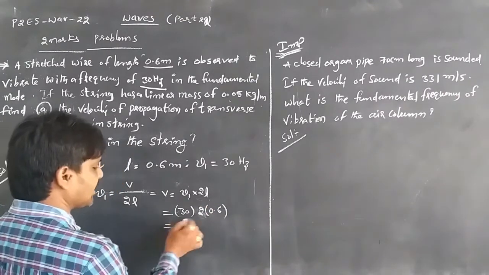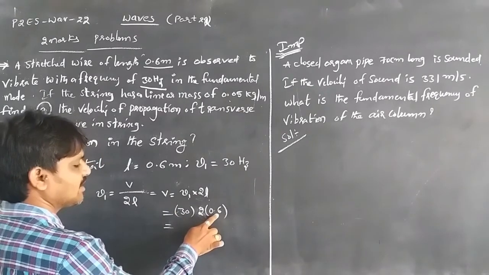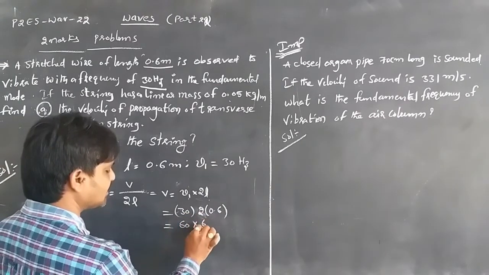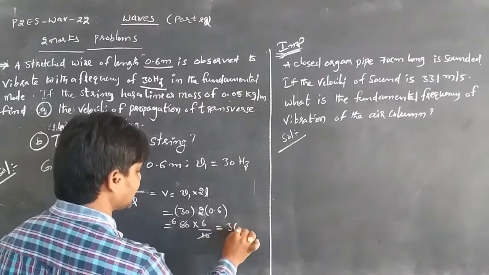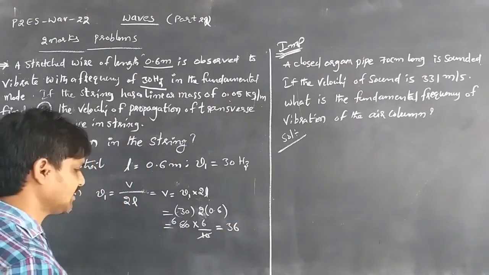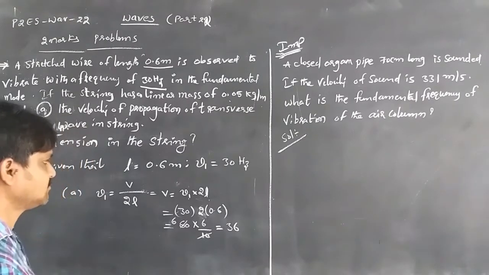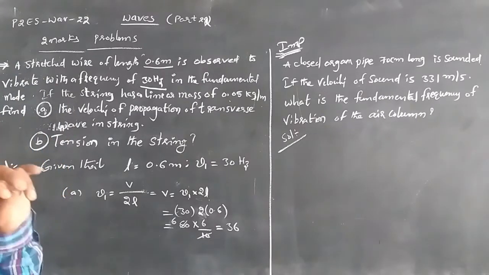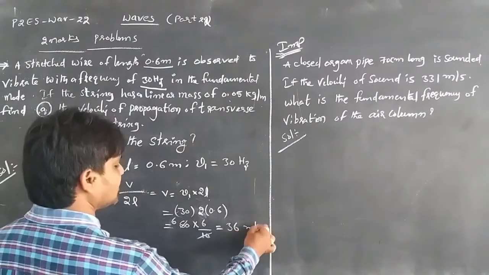From that we get 6 by 10, so 30 into 2 into 6 by 10. Six sixes are 36. So 36 is the velocity of propagation of the wave, 36 meter per second.